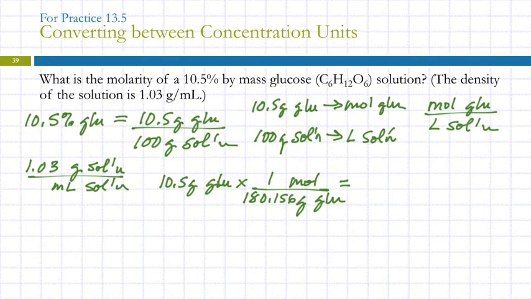So 10.5 divided by 180.156 is 0.058282. 3 sig figs again. Moles of glucose.